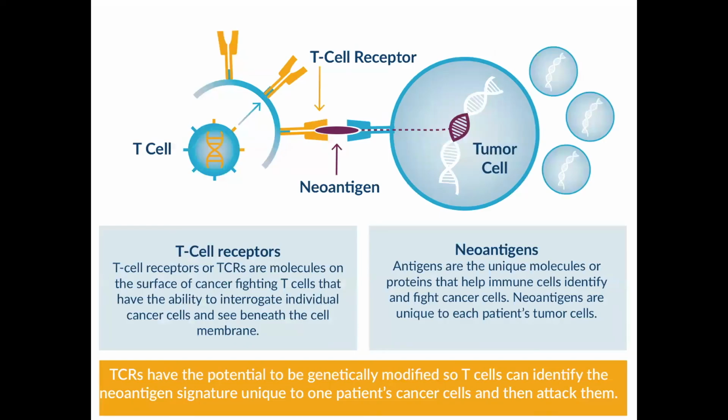So the neoantigen is the signal that can be recognized by our immune system. The T lymphocyte shown here is a soldier cell in our blood and immune system. It can bind to these neoantigens through a structure called the T cell receptor, or TCR for short.